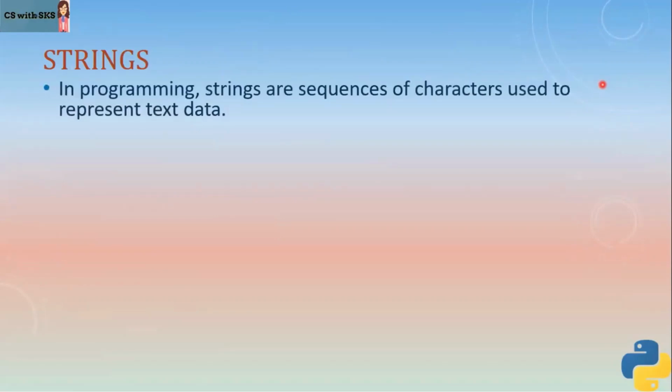Let's first understand what strings are. In any programming language, strings are sequences of characters used to represent text data. When we talk about sequences of characters, they can be alphanumeric, including some special symbols as well.